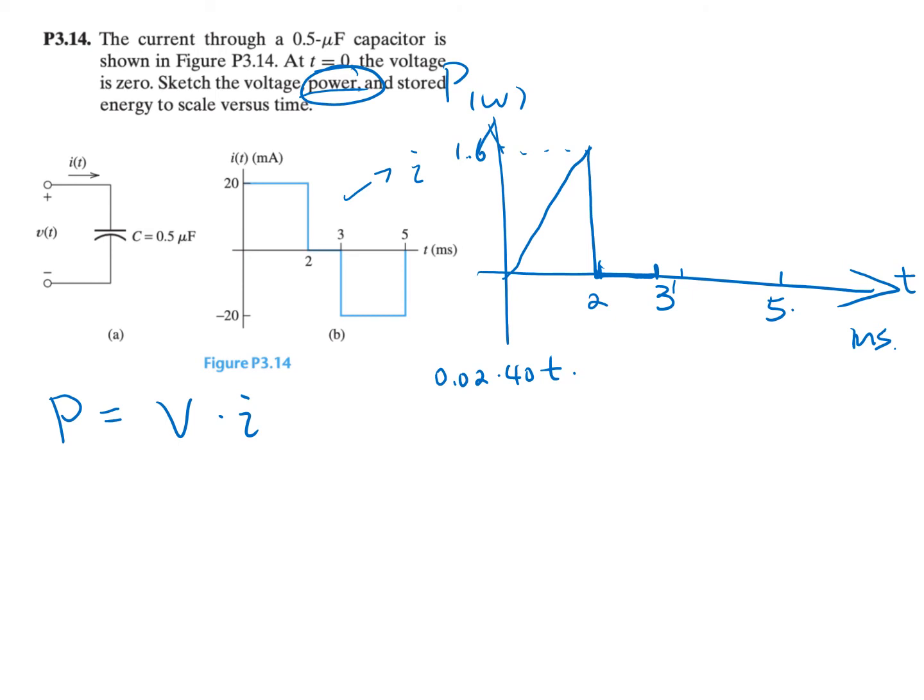And then at this point, that's negative 0.2 times (negative 40t plus 200), and the waveform looks like this.